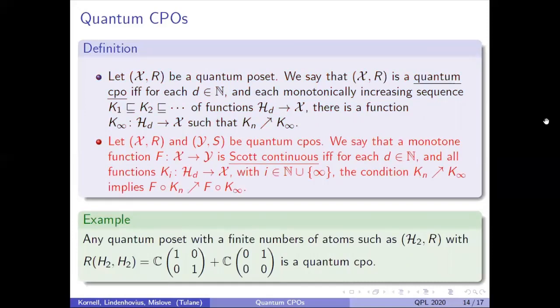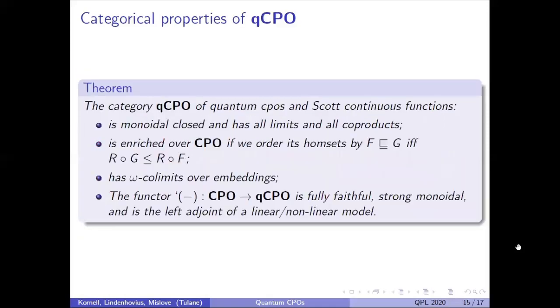And then we can also define when a monotone function between quantum CPOs is continuous, namely if it preserves these limits. And again, an example: any quantum poset with a finite number of atoms, such as the poset in the previous example, turns out to be a quantum CPO. And it's the same in the classical world. Any poset with a finite number of elements is a CPO.